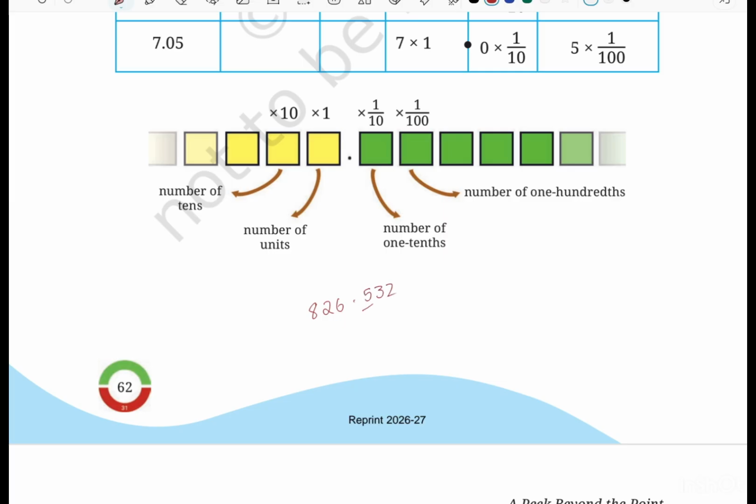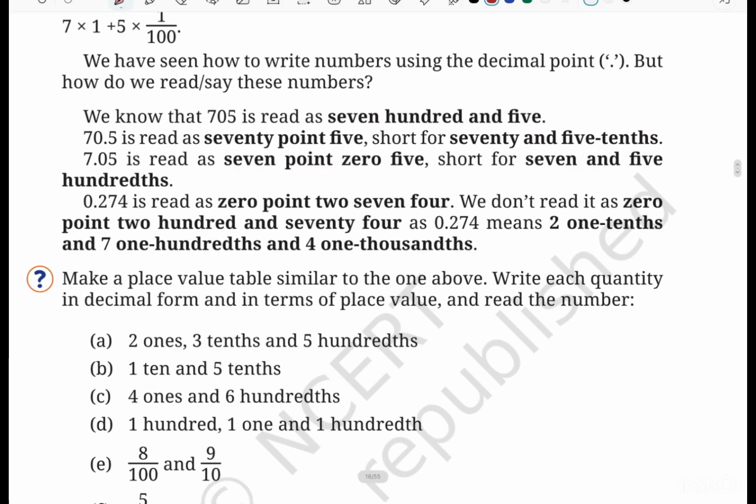In 826.532, tenths are 5, hundredths are 3 and thousandths are 2, and here ones are 6, tens are 2 and hundreds are 8. 705 is read as seven hundred five, and 70.5 is read as seventy point five. It is the short form for 70 and 5 tenths.